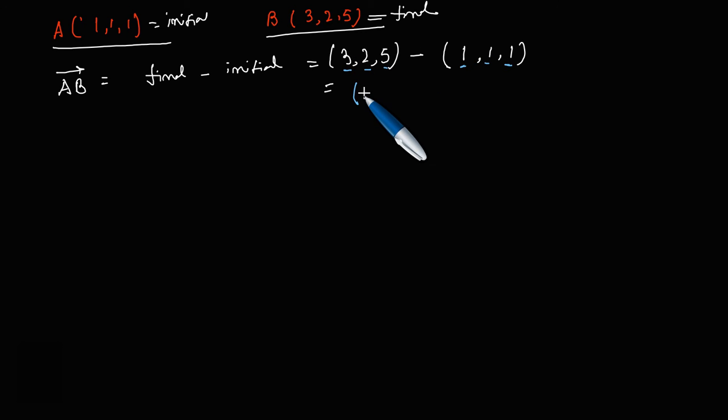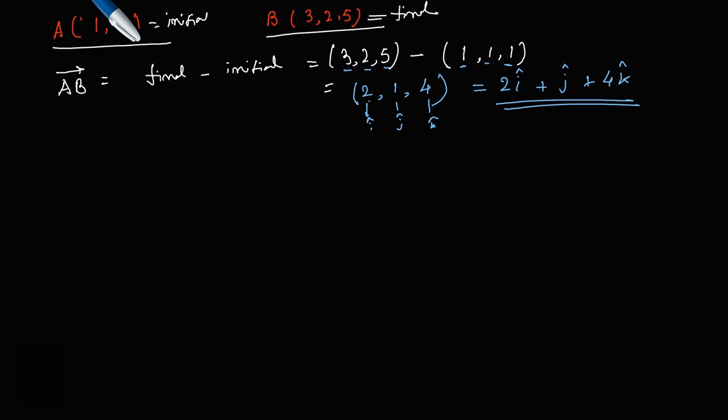So 3 minus 1 is 2, 2 minus 1 is 1, 5 minus 1 is 4. In ijk form, it is 2 i cap plus j cap plus 4 k cap. Why i cap? Because it is x. This corresponds to i cap, this to j cap, this to k cap.